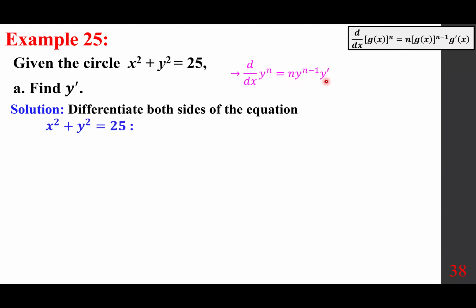So this is 2x. According to this, 2y, y prime, any number results in 0. Now you could write 2y dy dx. It's the same thing. Move the 2x, make it negative on the other side.